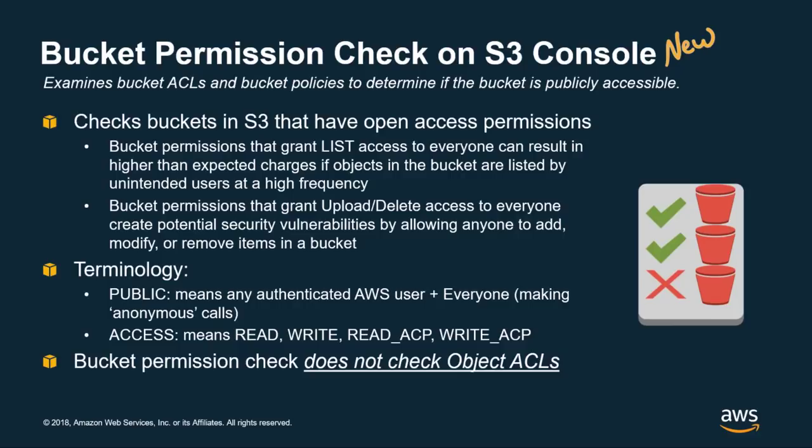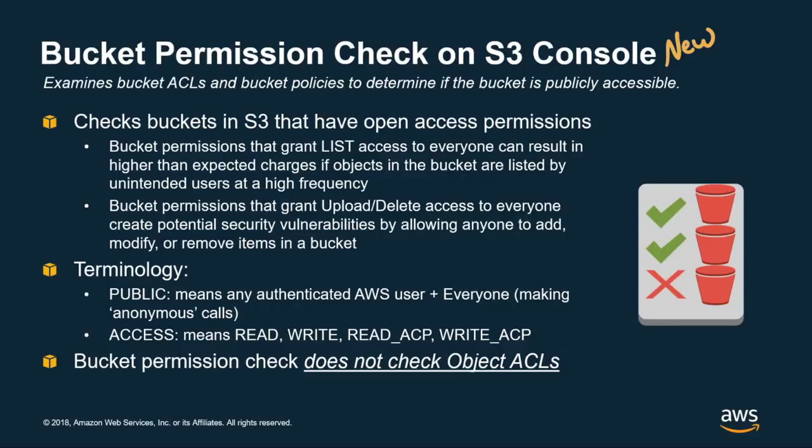It also checks for bucket permissions that grant upload and delete access to everyone, which can be a huge security vulnerability because now, if you inadvertently use a star statement, you could allow virtually anyone to add, modify, or remove objects in a bucket.